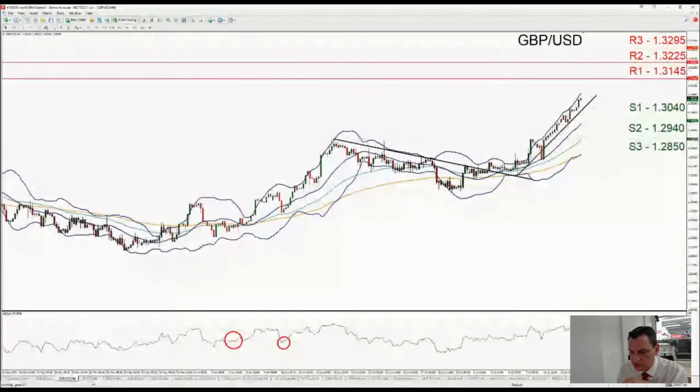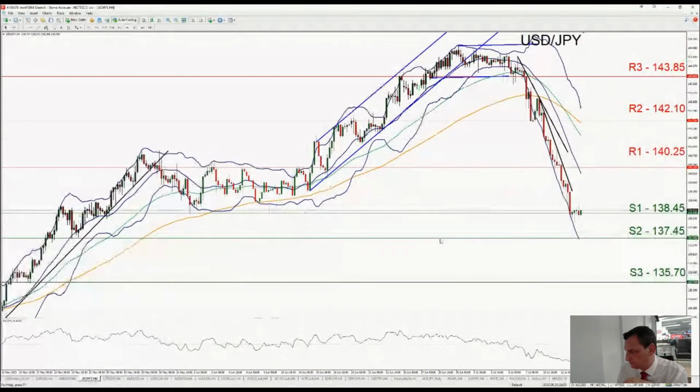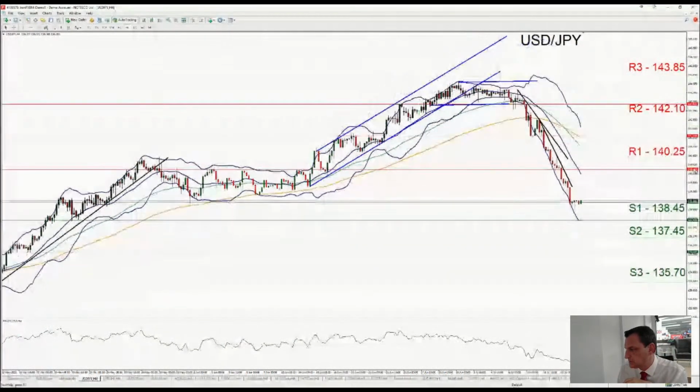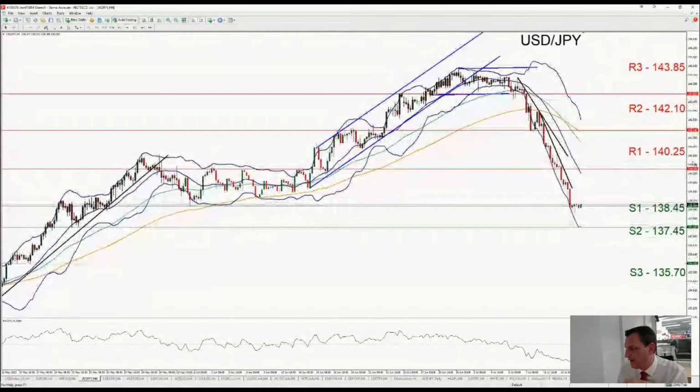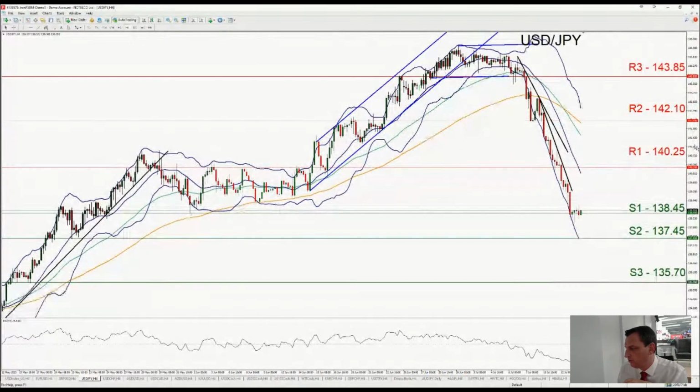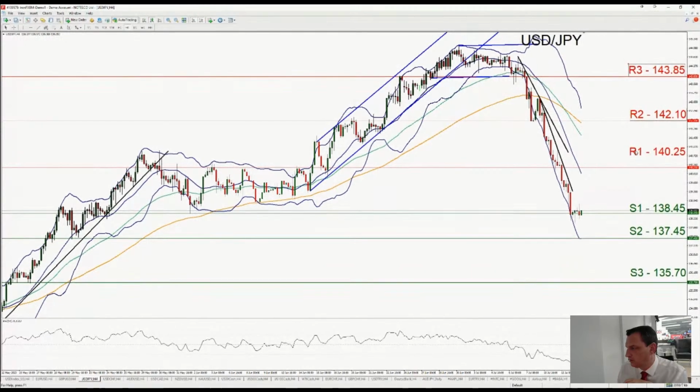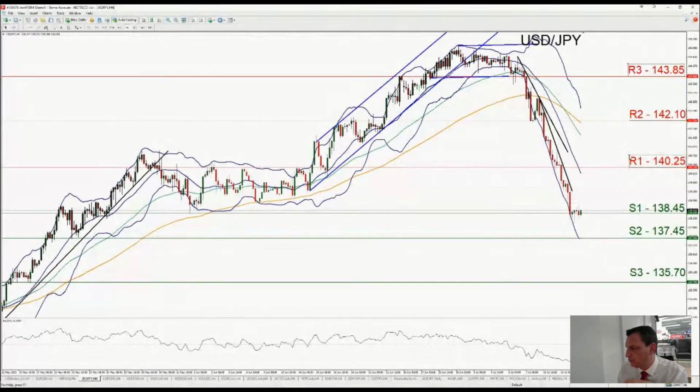Let's have a look at USD/JPY. That's nice. USD/JPY hitting a floor practically on the S138.45. Allow me to readjust everything before we move on.